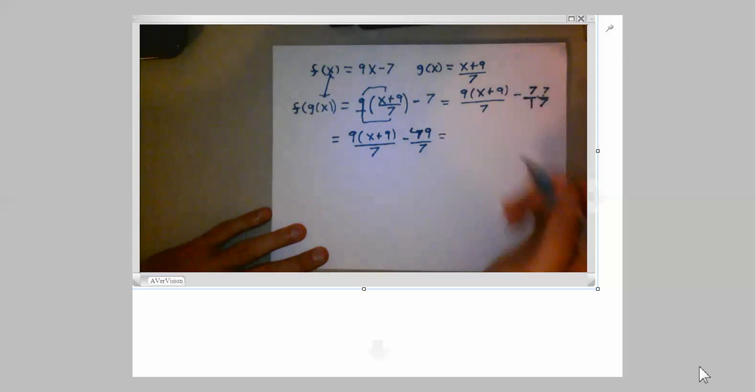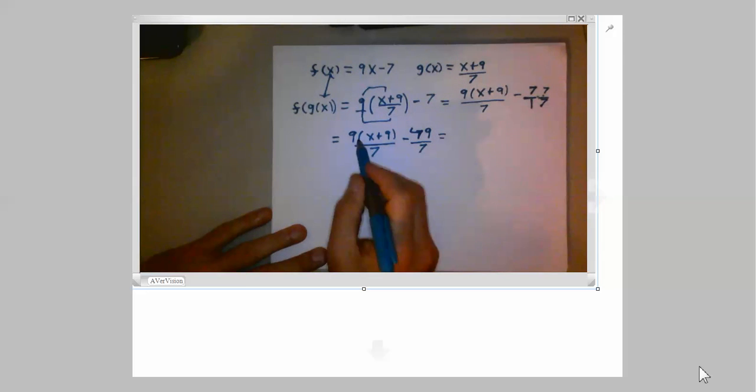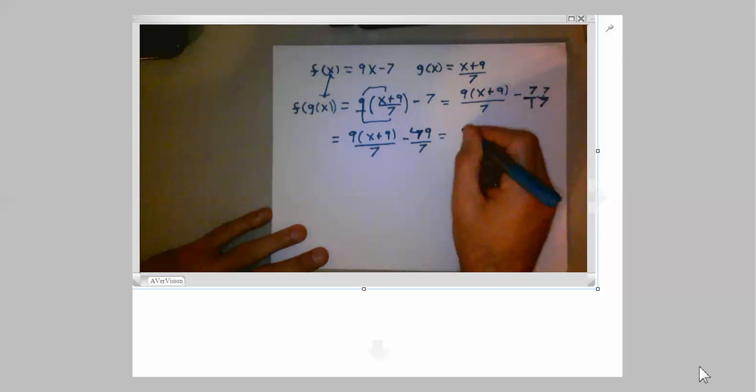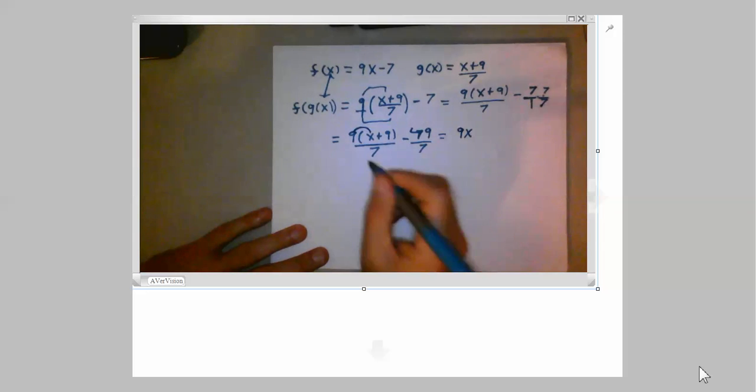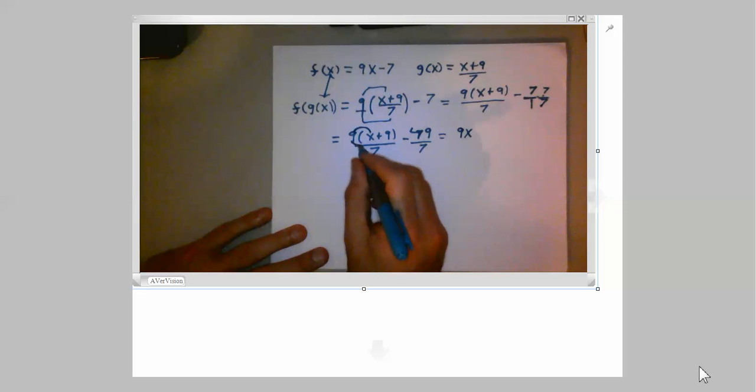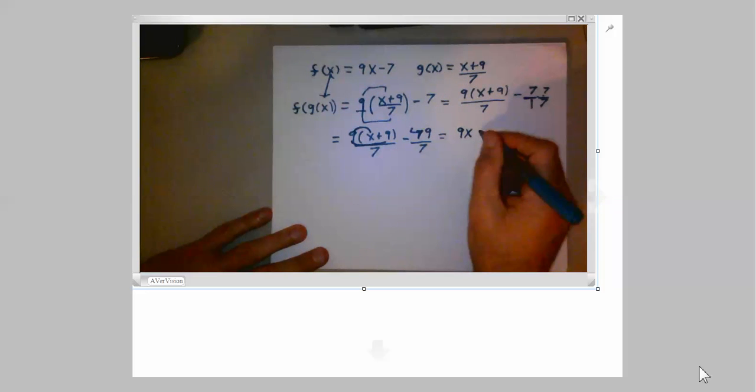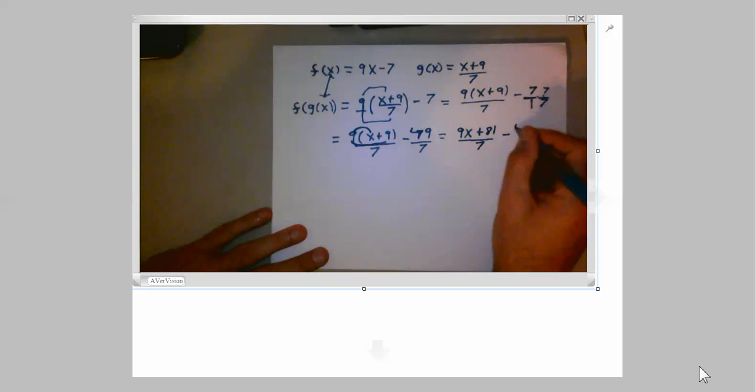And this is going to equal, next I'm going to use the distributive property. 9 times x is 9x, multiplying the 9 to the x. Now distributing the 9, 9 times 9 is 81, divided by 7, minus 49 divided by 7.